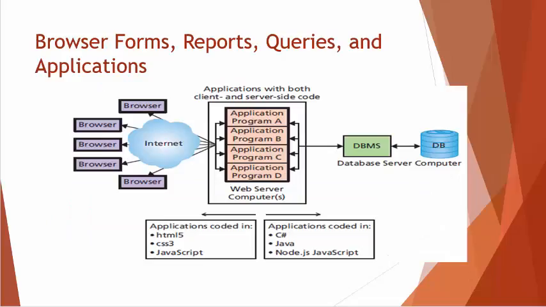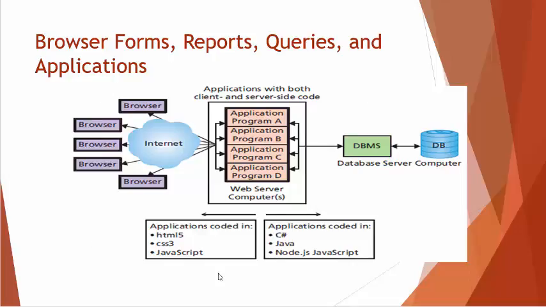So if we take this exploded view of how it might be used when we're doing any kind of online commerce, you have people that are coming in to your business using their browsers over the internet. Once they see what they want, a web server is going to give them access to the different programs. They're going to make a request to the database management system. It's going to then retrieve from the database.